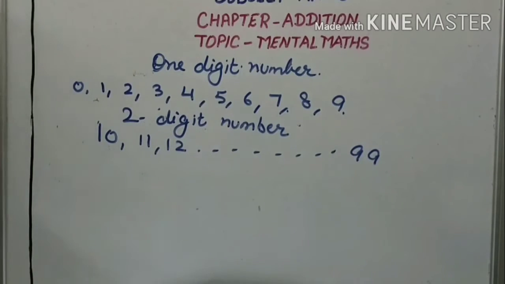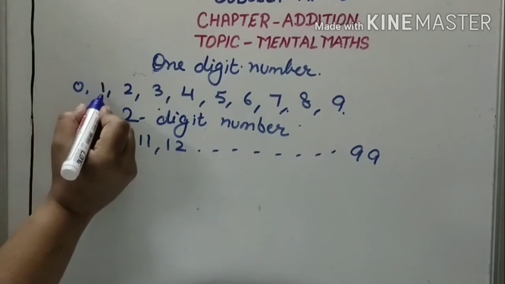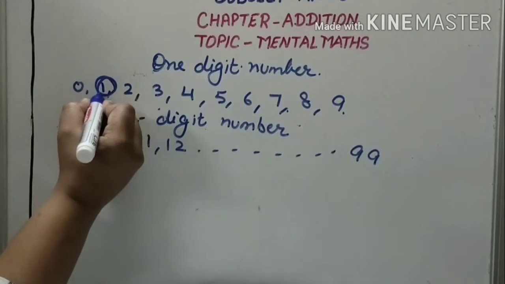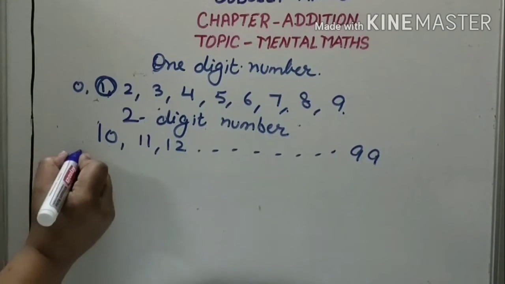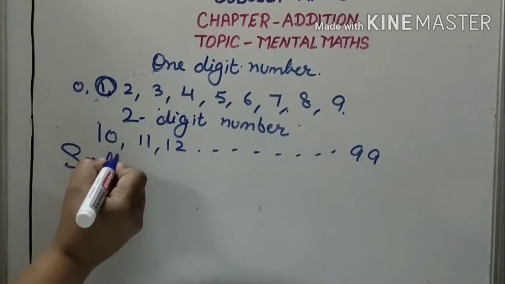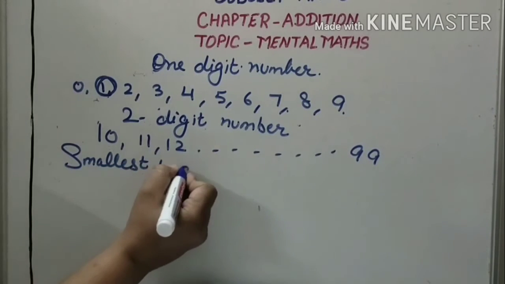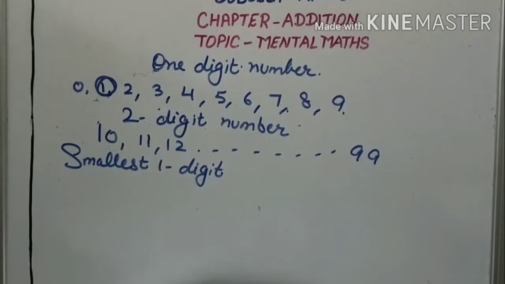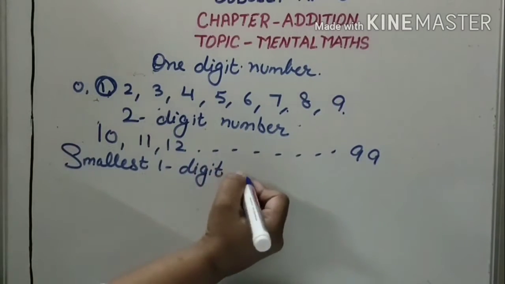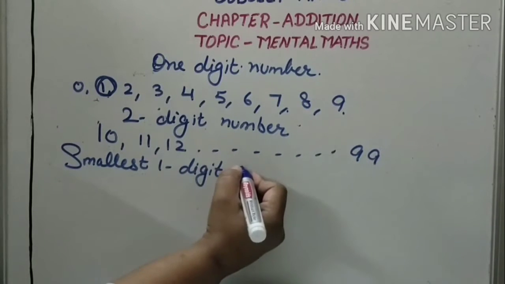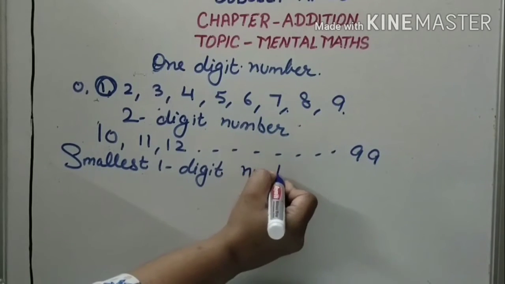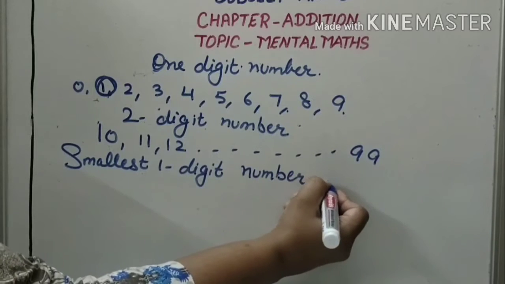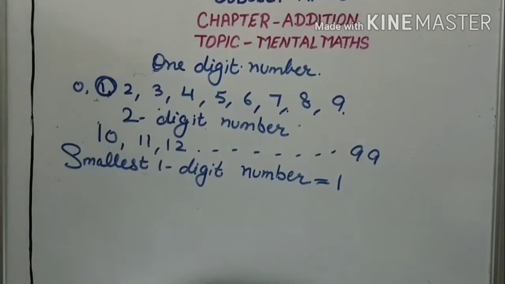Okay, now children, you can see the smallest 1-digit number is 1. It's very important, children. If you understand this, then you will solve all the questions given in mental maths. This is the basic thing you have to understand. The smallest 1-digit number is 1 because 0 itself has no value.